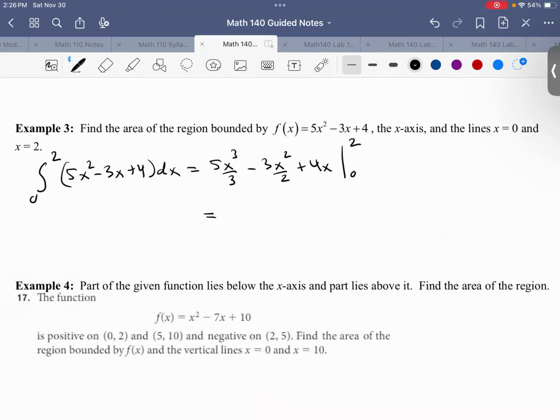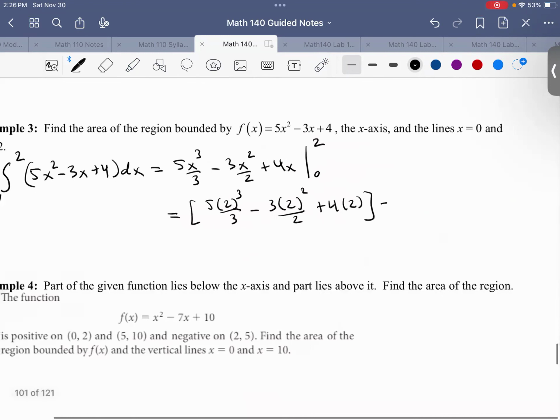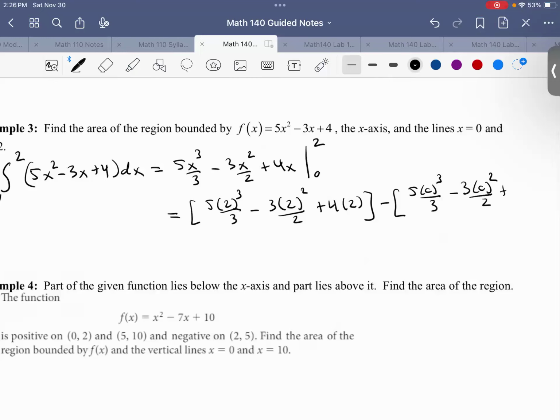And so if we plug in our limits, it'll be 5 times 2 cubed over 3 minus 3 times 2 squared over 2 plus 4 times 2, and then minus plugging in 0, 5 times 0 cubed over 3 minus 3 times 0 squared over 2 plus 4 times 0.